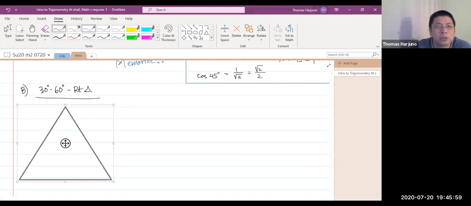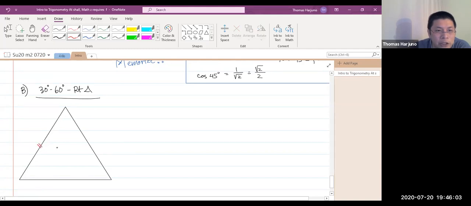Because it is an equilateral triangle, the lengths of all sides are congruent, and consequently, because all sides are congruent, the interior angles will be congruent, and therefore each will be 60 degrees.